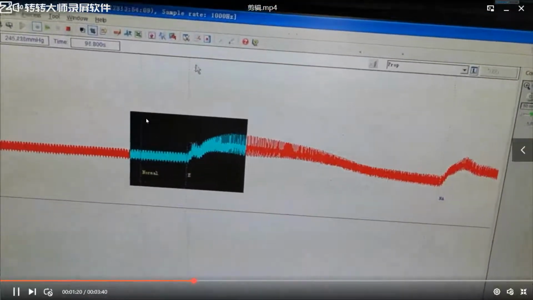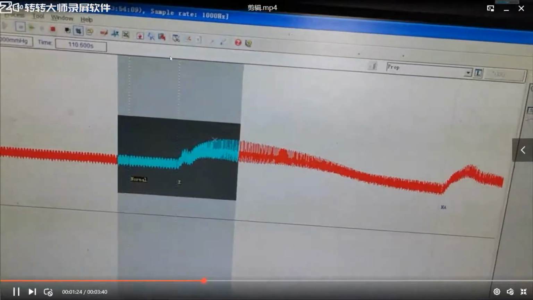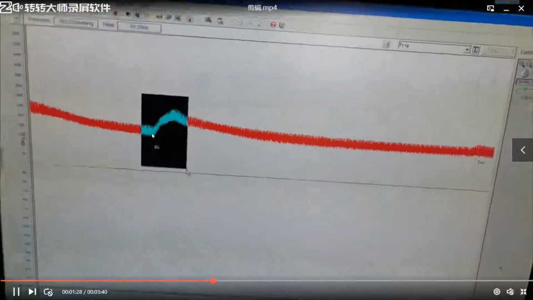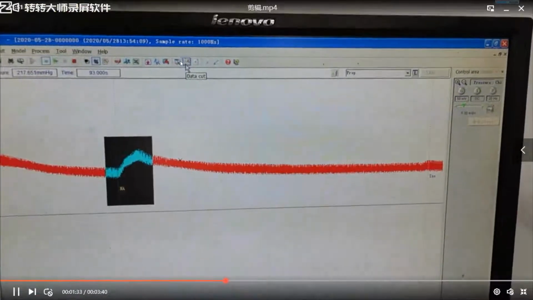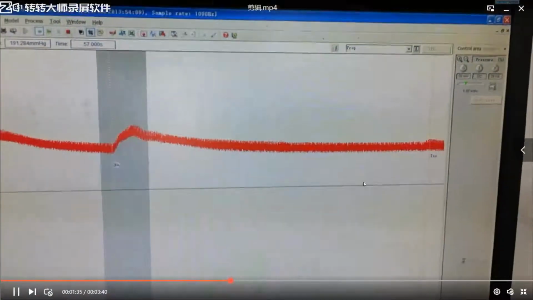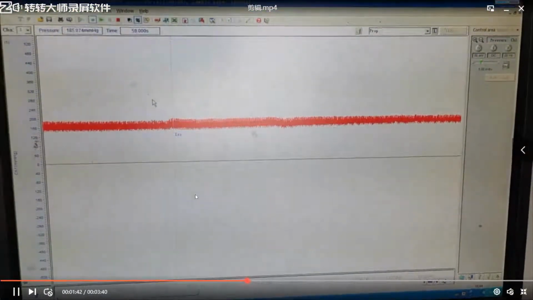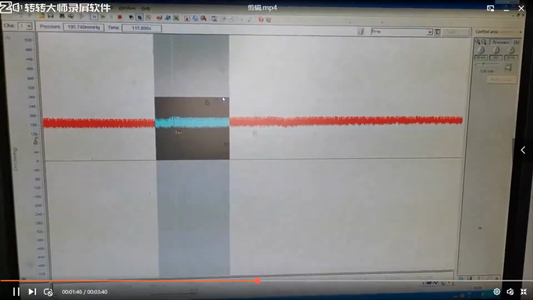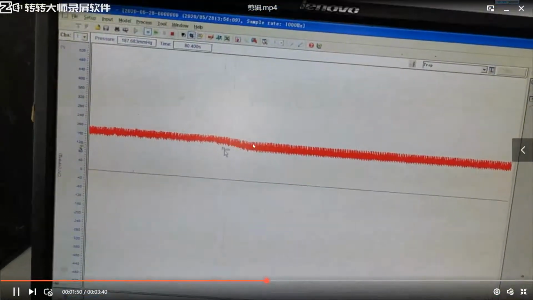Copy this curve, and we use data cut. This is the noradrenaline curve. Data cut. And then we give isoprenaline here, a little increased blood pressure. So we need some curves, and don't forget data cut.